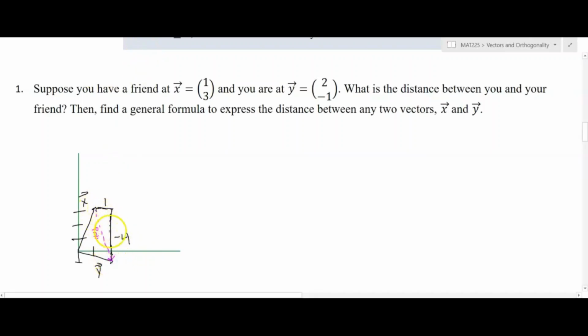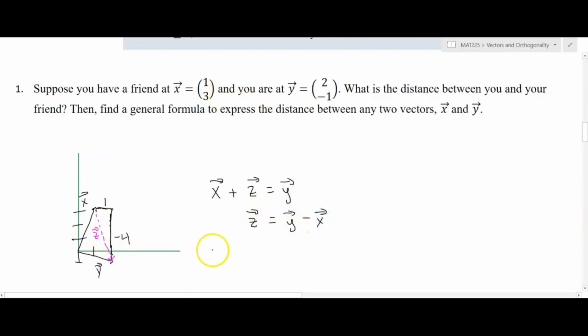You could draw it the other way as well, it wouldn't make a difference. But in this case, we could say that x plus z equals y, because we're doing tip to tail. And so that means I could re-express z in terms of x and y. I could say z is equal to y minus x.